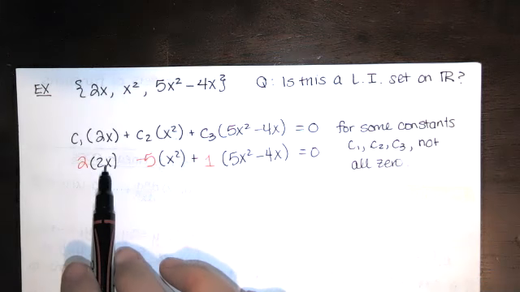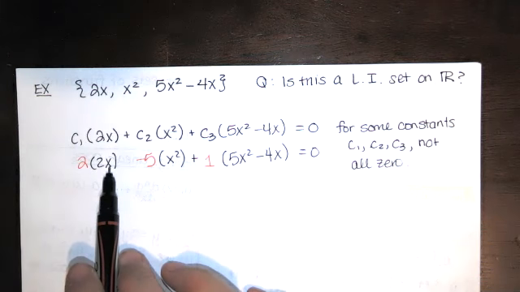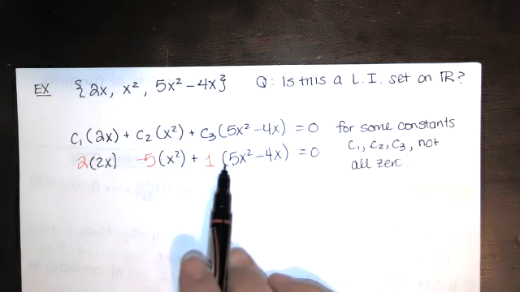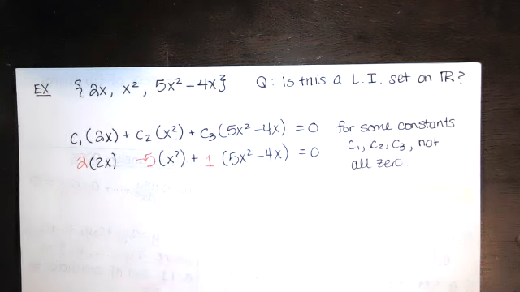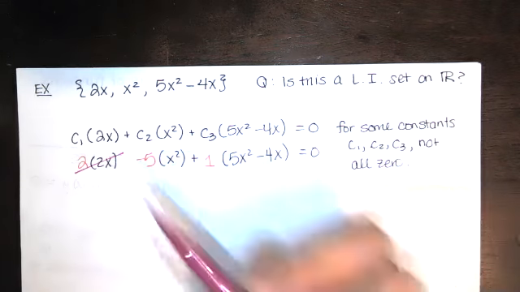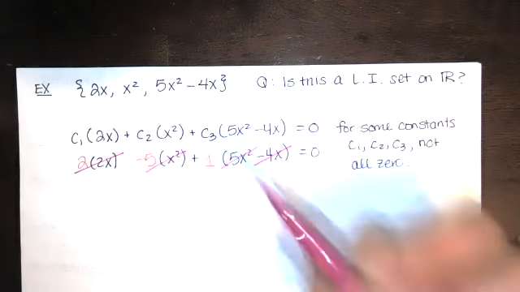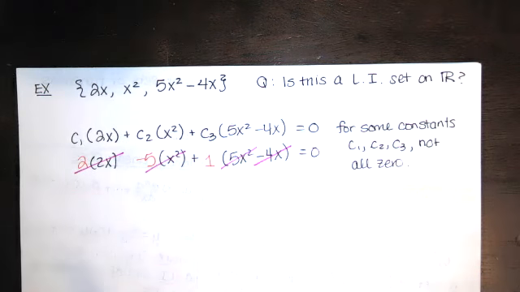So 2 times 2x is giving me a 4x. So I've got 4x minus 5x squared plus 5x squared minus 4x. And I think we can all see that everything cancels. Everything just disappears. So this 4x reduces with this negative 4x. This 5x squared reduces with that negative 5x squared.